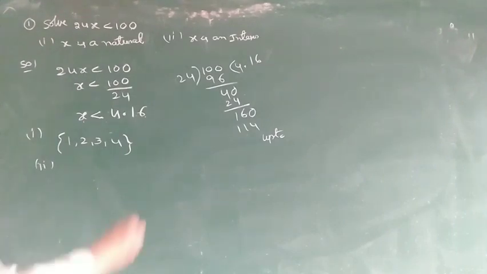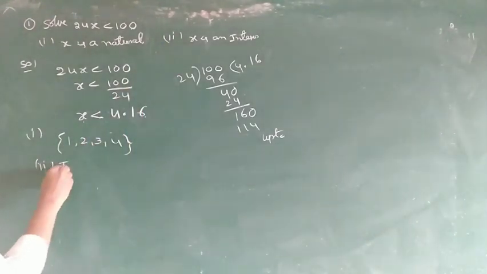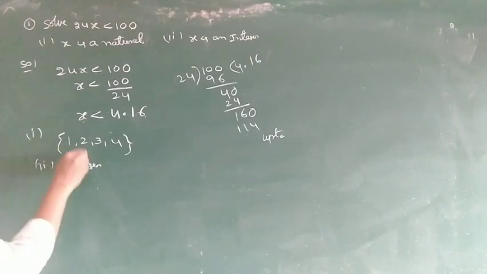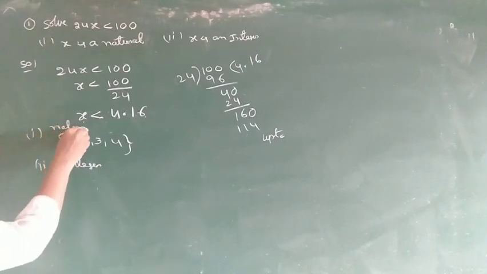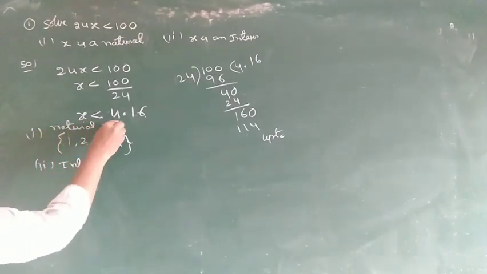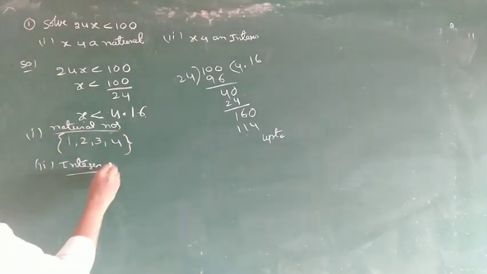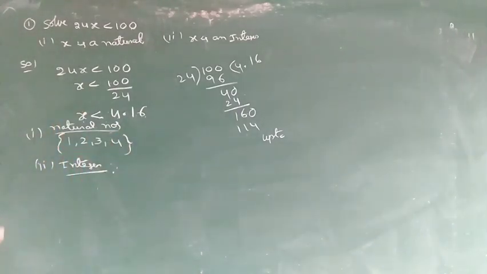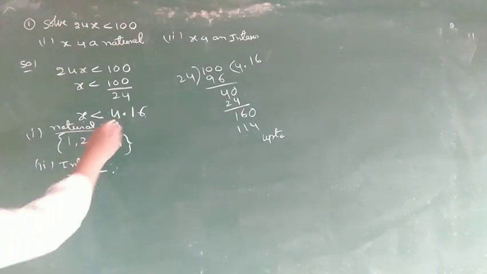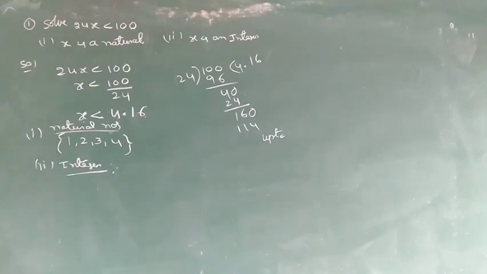The second part is integers. Is 4.16 an integer? No, 4 is an integer, 4.16 is not. Below 4.16 the integers also include negative numbers.